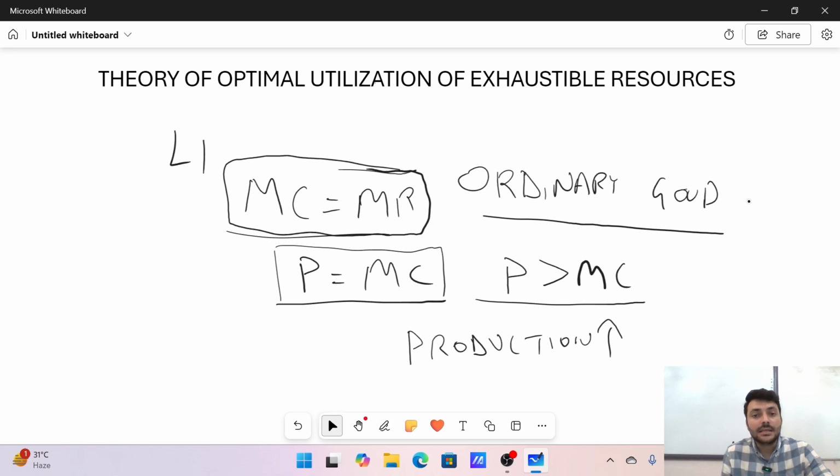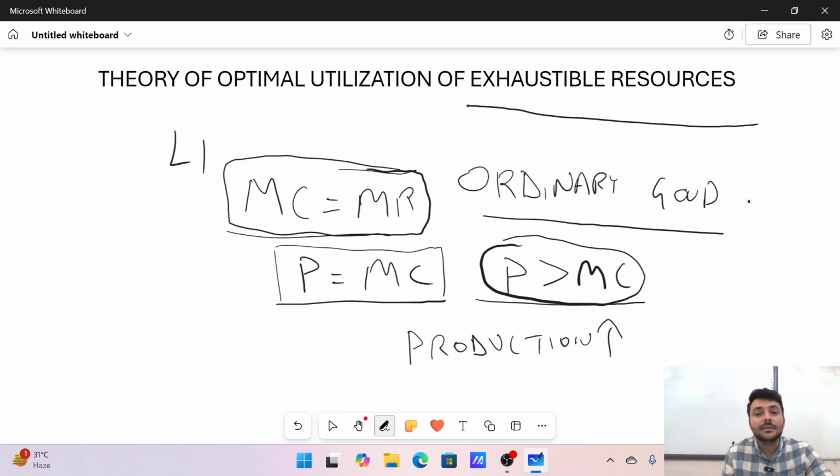However, in case of exhaustible resource or non-renewable resource, if this is the case, that is, price is greater than the marginal cost, then the producer cannot increase his production. He cannot increase his production. And why is it so? Because the available quantity of exhaustible resource is limited.